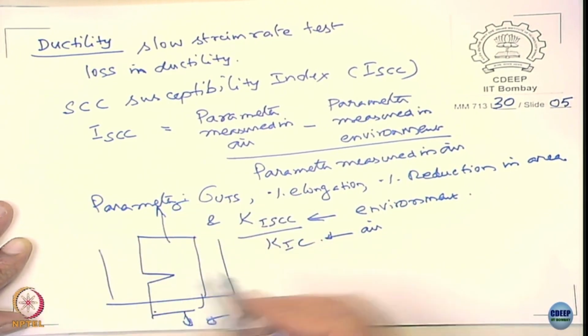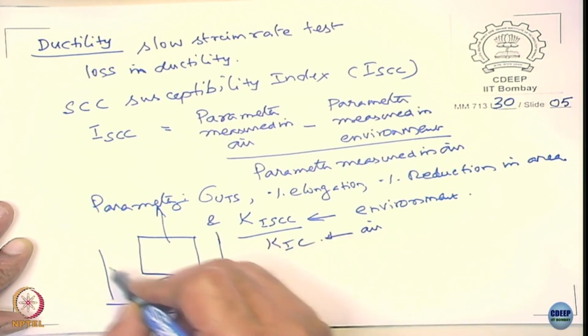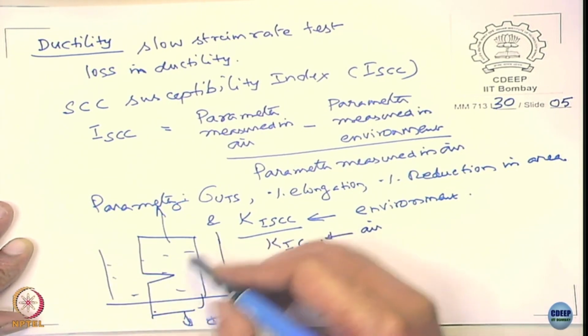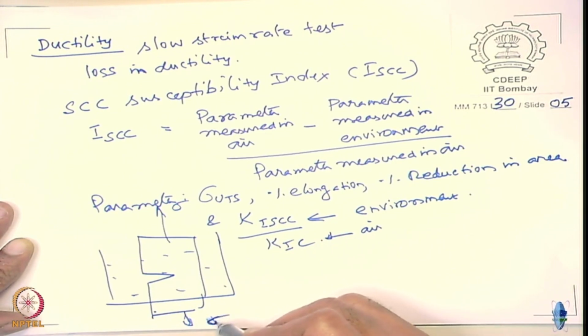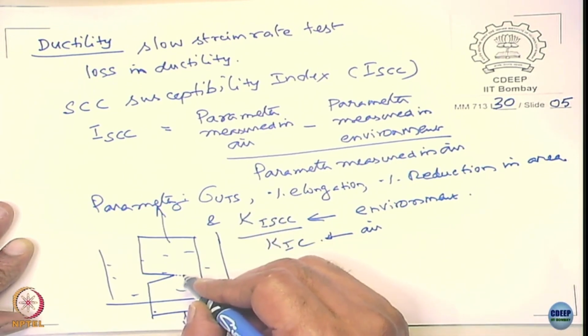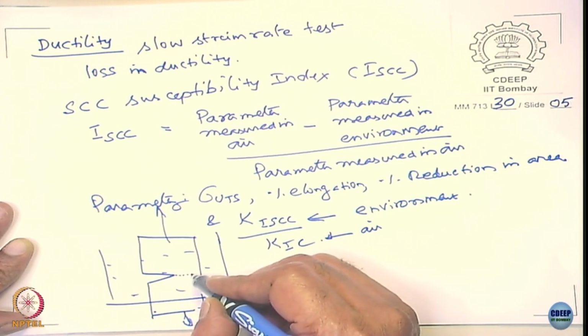Suppose this is a notched sample, and I have the environment here, and the applied stress is constant. You keep it like that, but as the crack propagates, what happens? The stress increases, right?